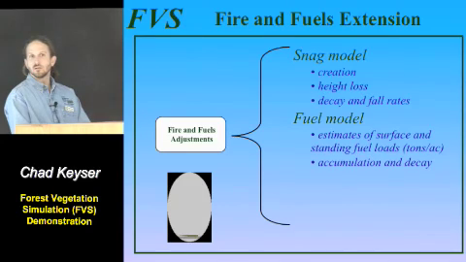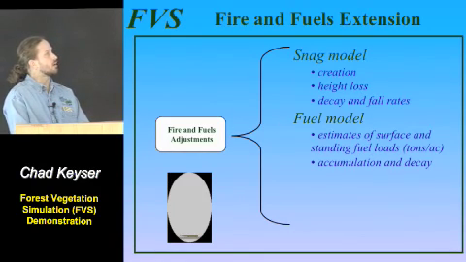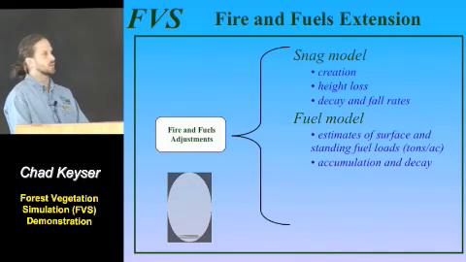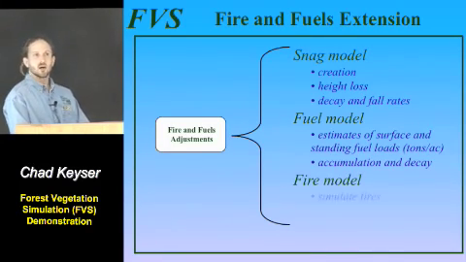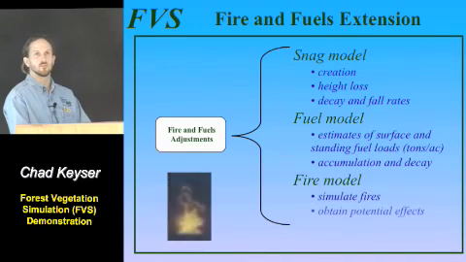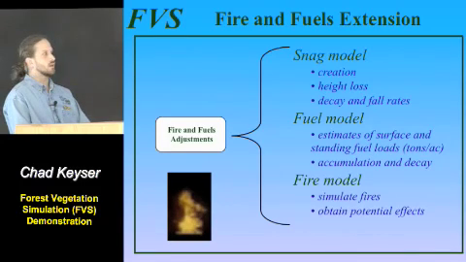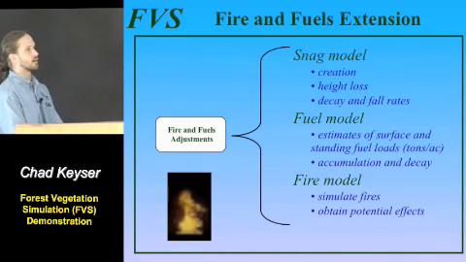When snags fall to the forest floor, as well as when crowns start breaking or leaves fall off every fall, they get put into this fuel model, which estimates surface and standing fuel loads within the stand. And it does so by allowing for accumulation as well as decay rates within that fuel model. And finally, we have the fire model, which allows the user to simulate fires as well as obtain potential effects from fire. So you could run your simulation without putting any fire into it and get the likely fire severity based off of your input fire conditions with the fire model.